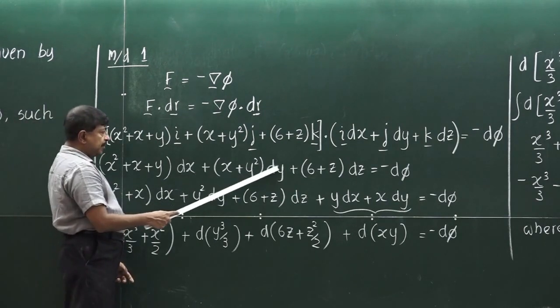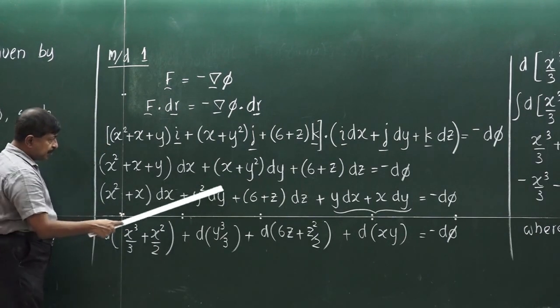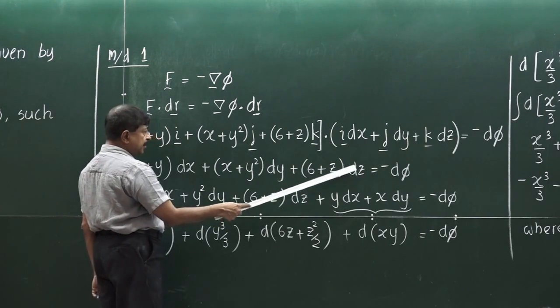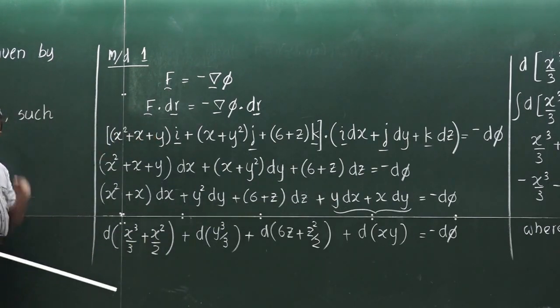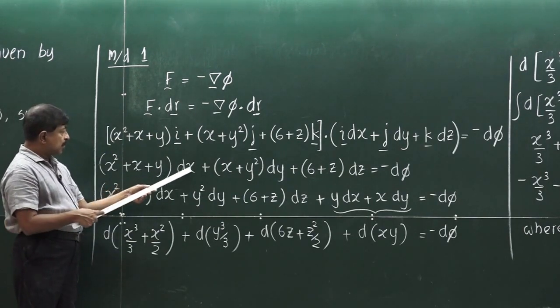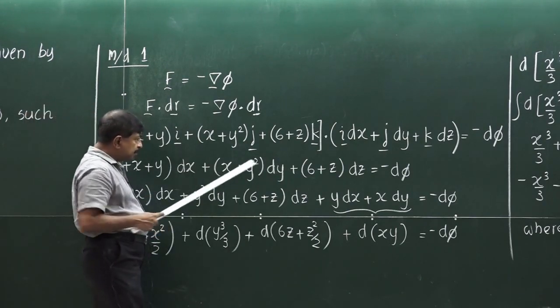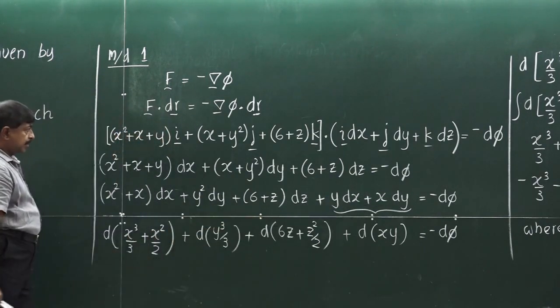Here y squared dy has only one variable. Similarly, 6 plus z times dz has z, but there are two other terms consisting of two variables, like this one, y times dx, x times dy. I put those two at the end.